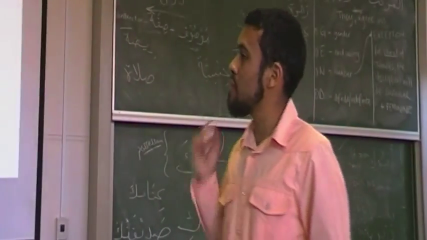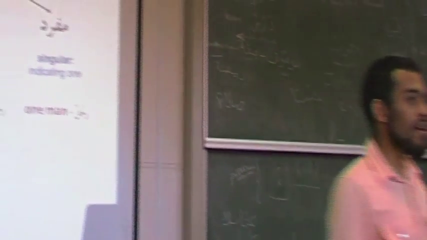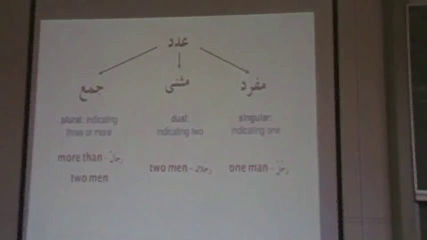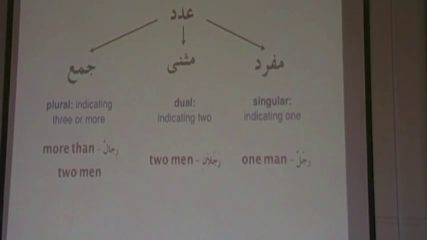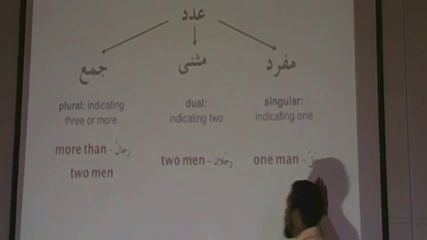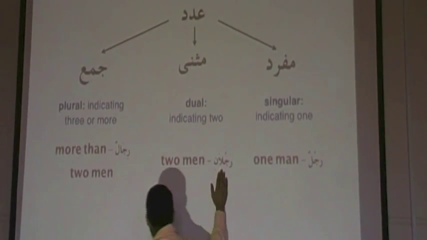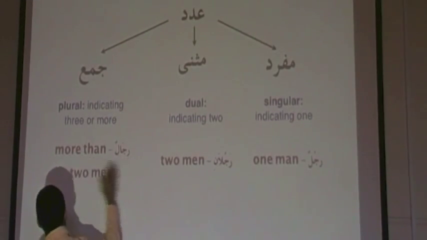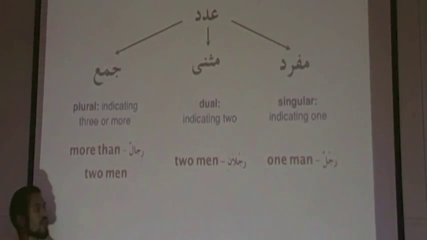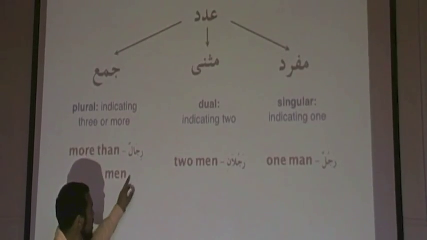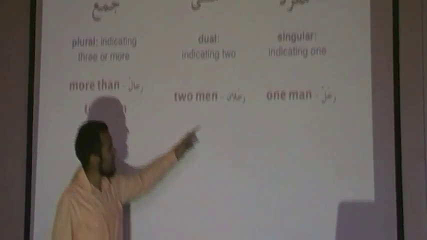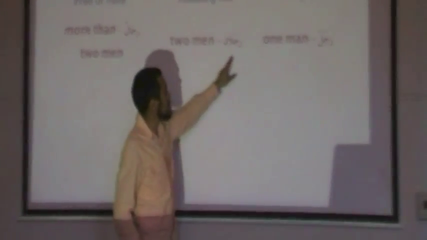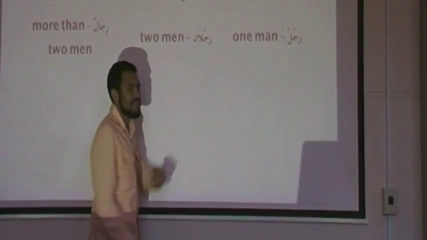Then we have jam'. Al-jam' is plural, which indicates more than 2, in other words 3 or more. So here we have rajulun, rajulani, and then for more than 2 men we say rijalun. Did you see what happened with the plural? Rajul isn't intact anymore. Here we have ra, jim, lam, but here we have ra, jim, alif.